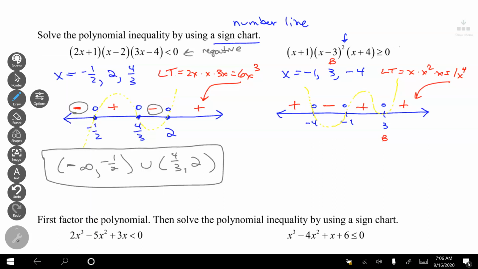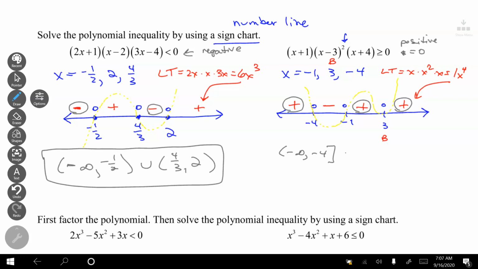I want wherever these results are positive and equal to 0. So the equal to 0 part means I'm probably going to use brackets, not parentheses. So my positive results are here. So I would write it out as negative infinity to negative 4 bracket, and I have to include that 0.